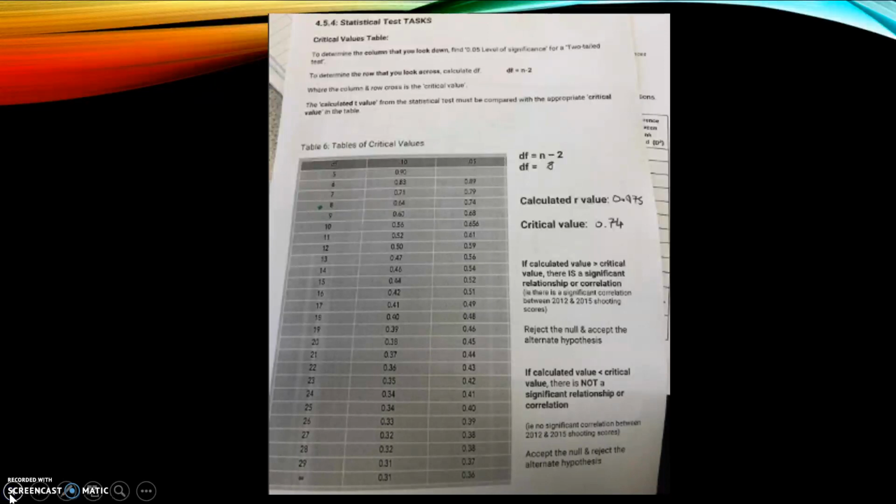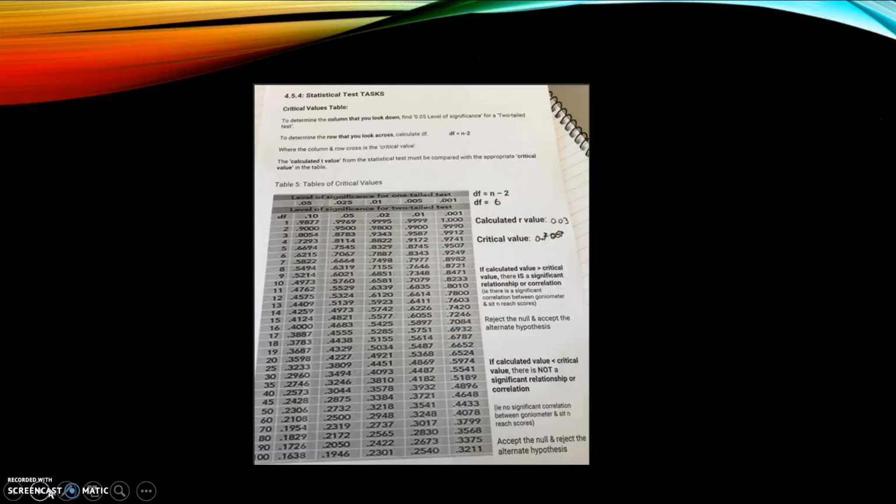And then you use the degrees of freedom again, which is n minus 2 again. So you have 8 participants, minus 2 is 6, so you go down the 6 column of the degrees of freedom, and then again we're using the 0.05 level of significance.